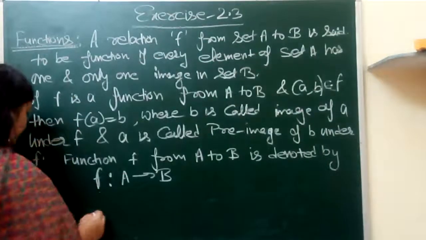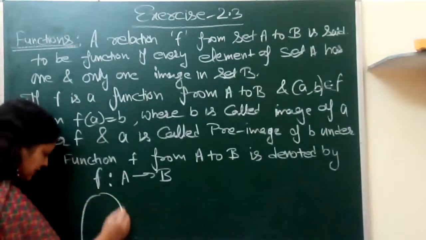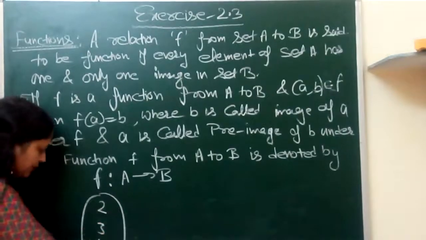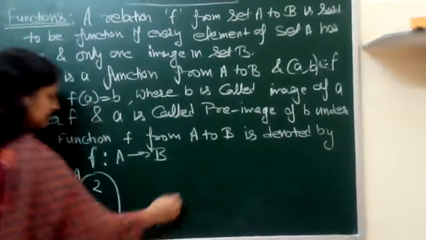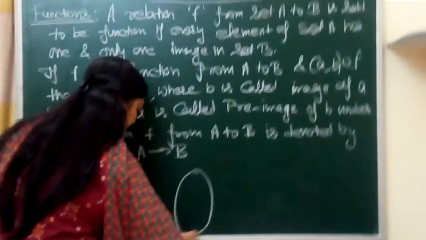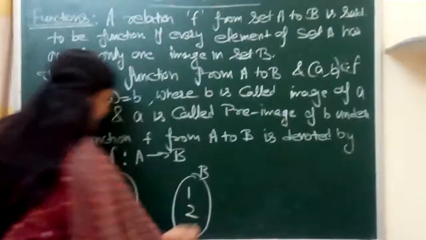So we can draw the function. Here 2, 3, 4 are the elements of set A, and this is set B, whose elements are 1, 2.